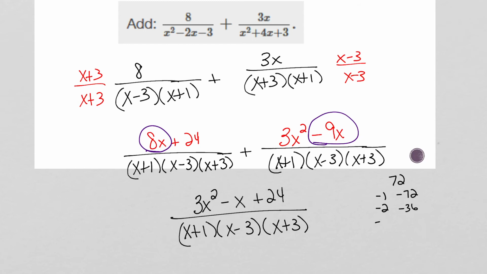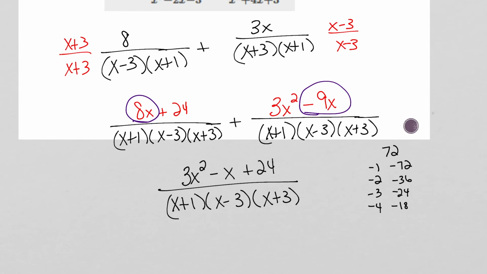Let's see here, negative 3 and negative 24, those don't work either. Negative 4 and negative 18, nope. Negative 6, negative 12, nope. Negative 8 and negative 9. Oh, those would be the ones if the signs were correct, but it's not.